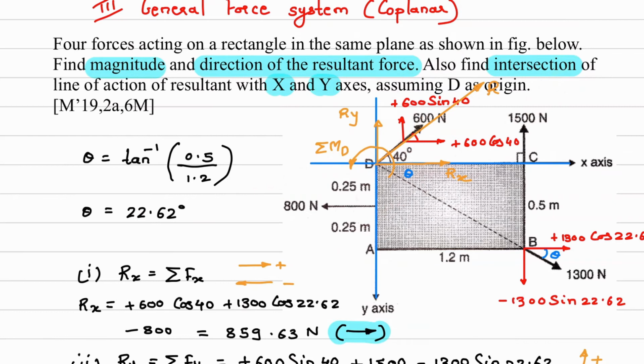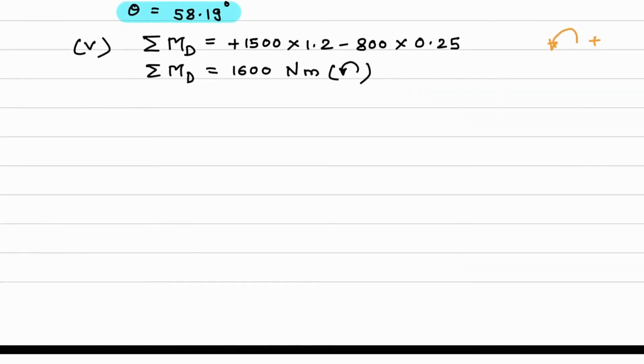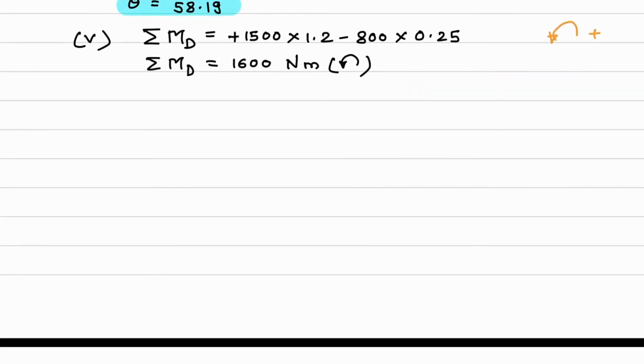So I'll draw this now. I'll show it over here. This will be x-axis, Rx, then Ry.